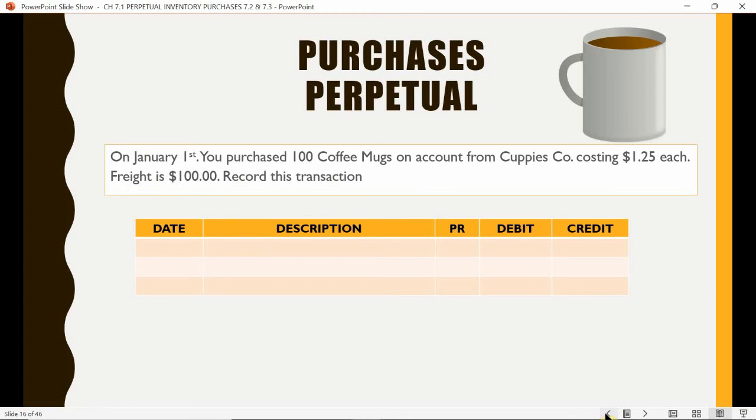We put the date. Okay, January. Good. Okay, January 1st. What's next? Purchase going to be new purchase expenses. No. Right. Record this transaction. We're not on periodic inventory.